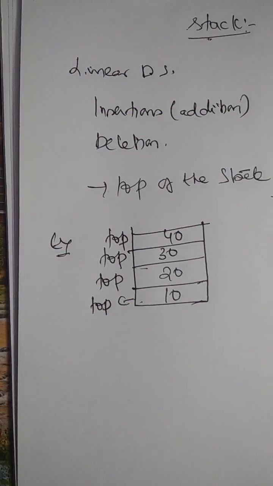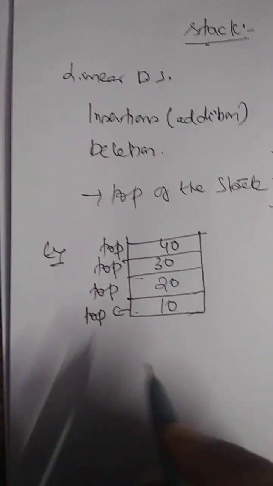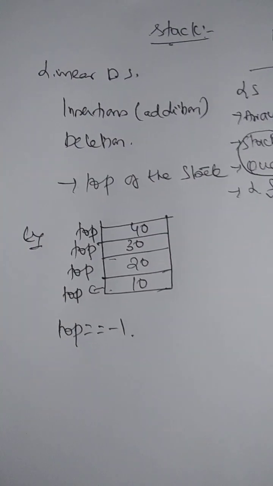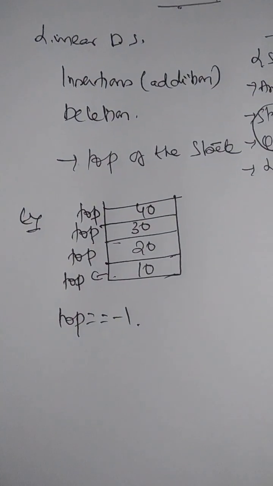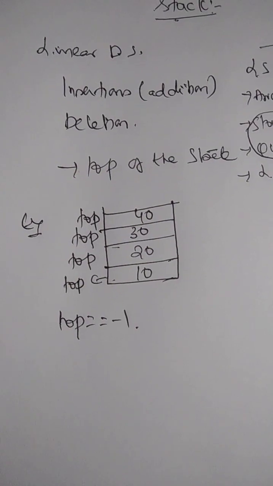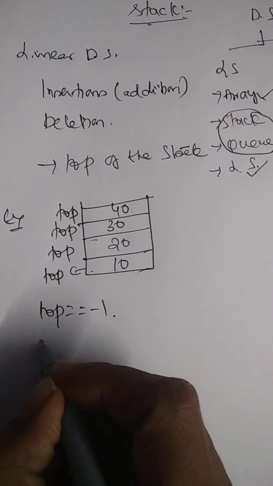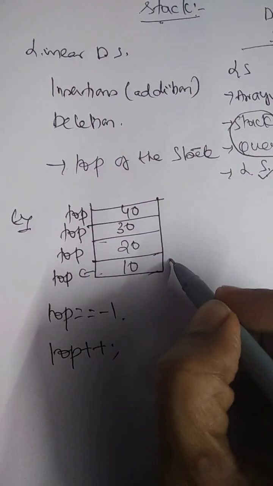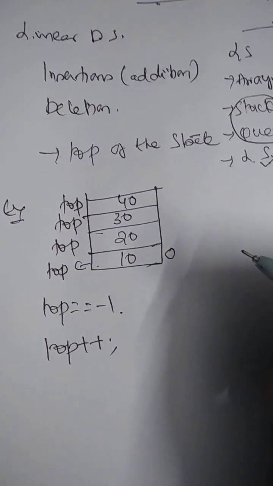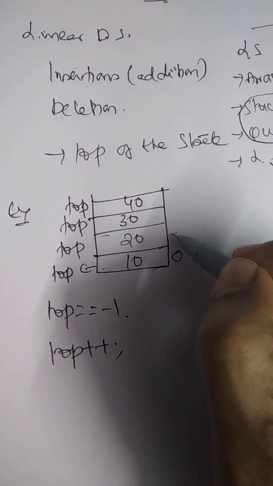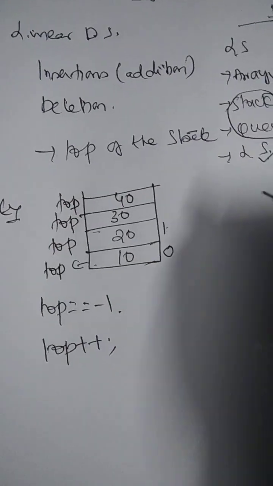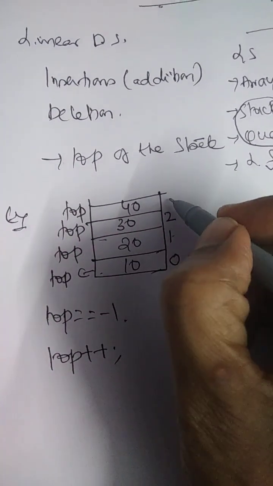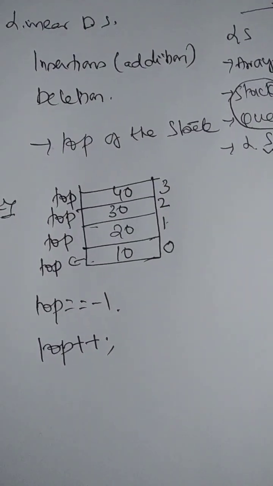Initially the top variable will be assigned -1. Top is equal to -1. Whenever you are inserting values, the top variable will be incremented by 1, that is top plus plus. So initially the top index value is 0, and when you insert the next value the top becomes 1, and one more value, top plus plus, and again one more value, top plus plus, that is 3.